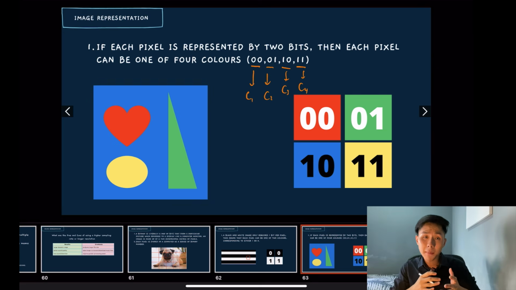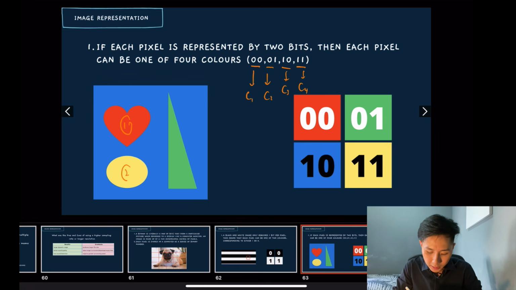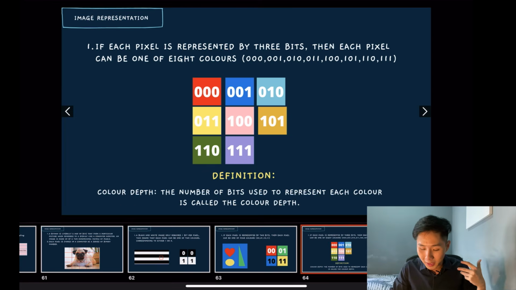Which means if the number of bits that I use to represent 1 pixel is 2 bits, I can have an image of in total 4 colors. So as you can see in this image, there are 4 colors here, and the number of bits used to represent each pixel is only 2 bits. And if I were to increase it to 3 bits, I would have 8 colors.